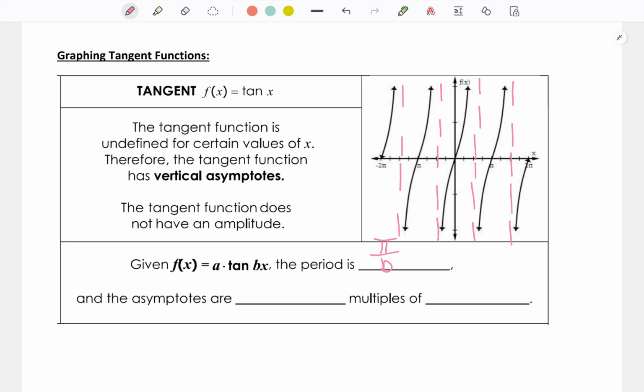And so all of your asymptotes are odd, meaning that your function goes in different directions at each asymptote, and that they are multiples of pi over 2 times the absolute value of b.